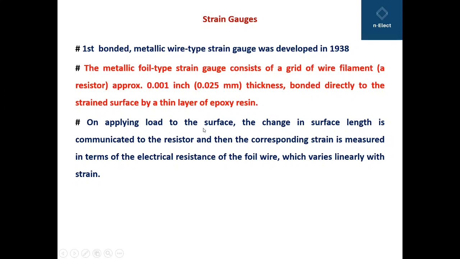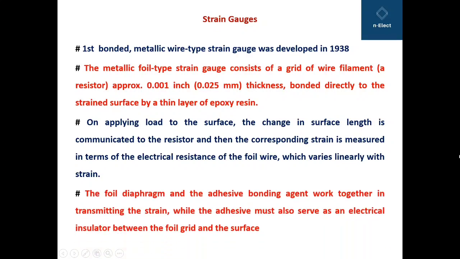On applying load to this surface, the change in the surface length is communicated to the resistor, and then the corresponding strain is measured in terms of the electrical resistance of the foil wire, which varies linearly with the strain, or which is directly proportional to the strain applied. The foil diaphragm and the adhesive bonding agent work together in transmitting the strain, while the adhesive must also serve as an electrical insulator between the foil grid and the surface.